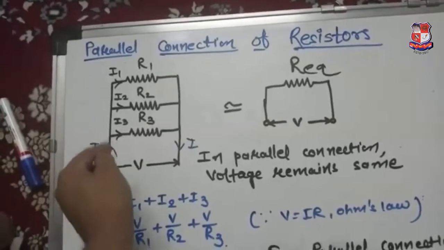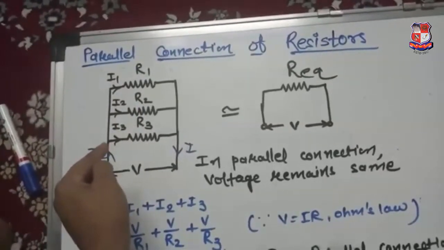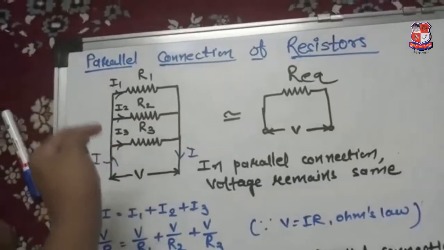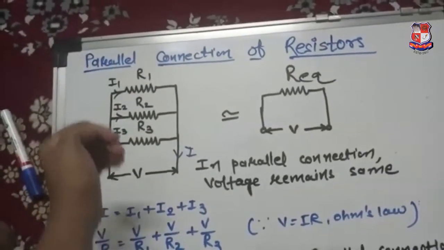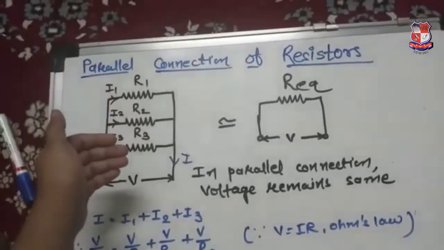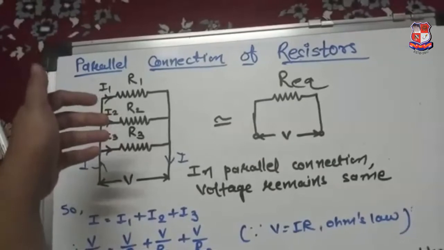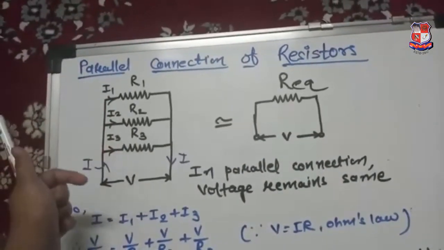Current I starts to flow. Now that total current I is divided into the 3 branches. Current is divided into the number of branches, and the branches depend on the number of elements. See here, 3 resistors are connected in parallel, so 3 branches are there, so current is divided into the 3 branches. So I is equal to what?